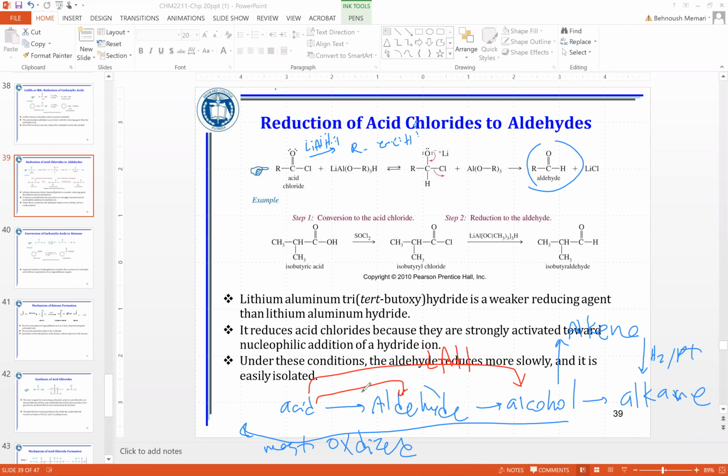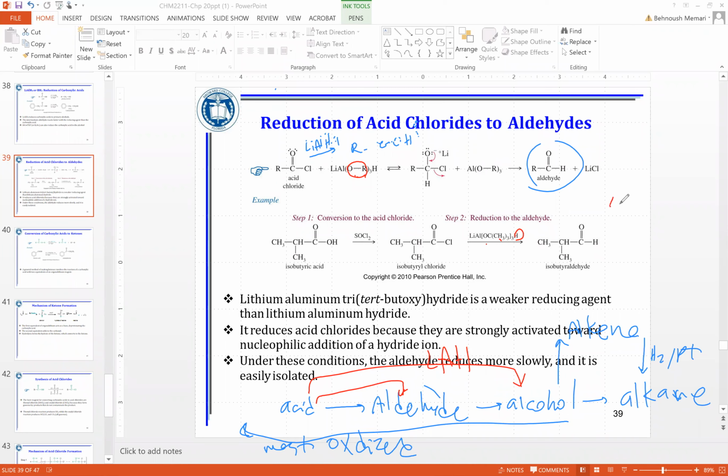Now, how do you poison LAH? Instead of using LAH that has 4 hydrogens, you take 3 of those hydrogens and replace them with alkoxide group, like T-butoxide, and you only have 1 hydrogen that can act as reducing agent.